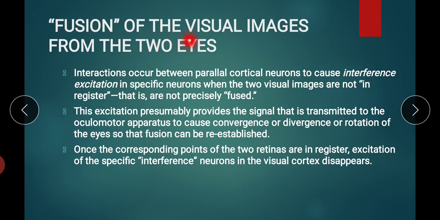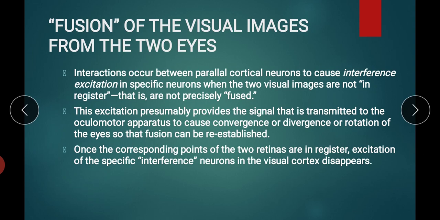Now, the fusion of visual images from the two eyes. In the earlier lecture we discussed that our two eyes are located at a distance of 2 inches from each other. So sometimes the light rays coming from an object focus on different points of the retina.